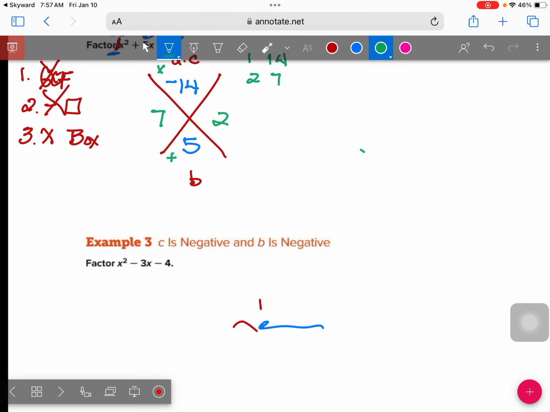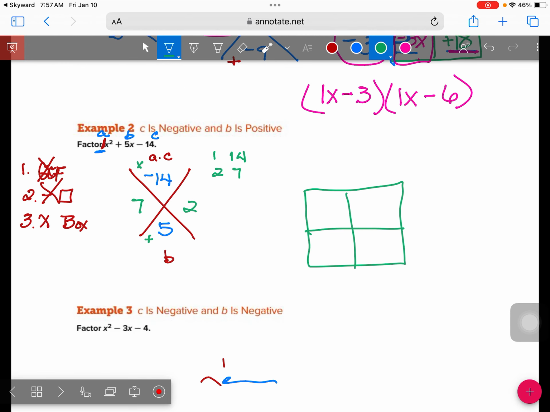Okay? So we do this box. You put the first term in the first box. That is x squared. You put the last term in the last box, negative 14. And you put these two values that we just found in the two other values with an x.